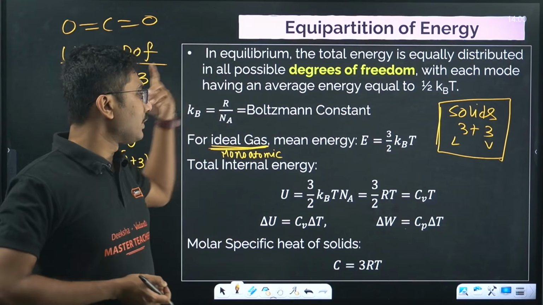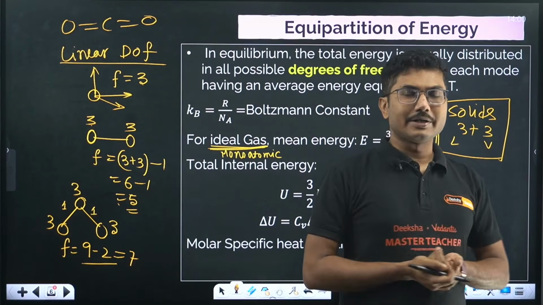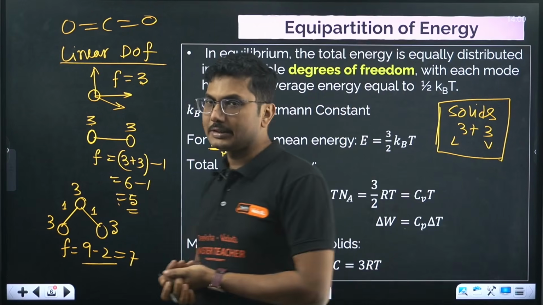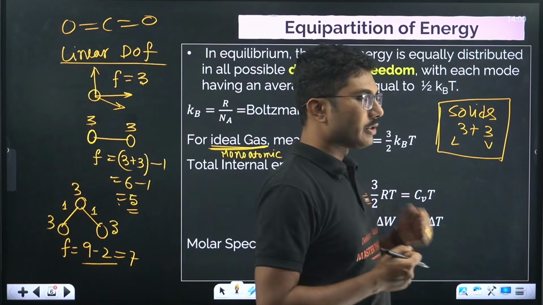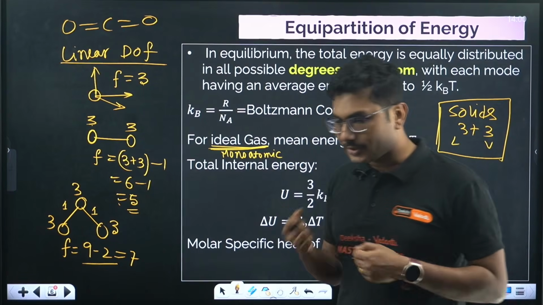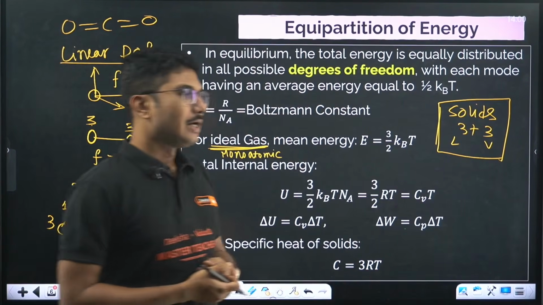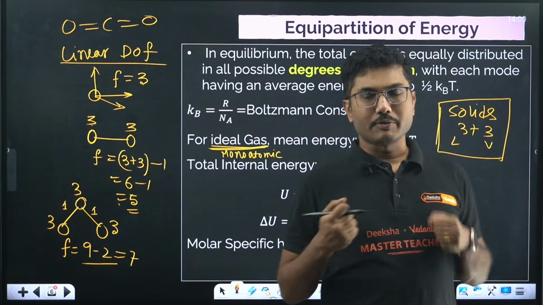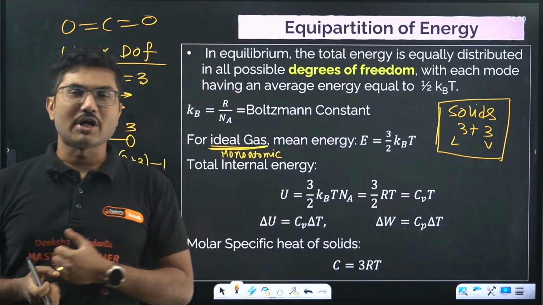Now if you want to calculate the total internal energy, what is the meaning of internal energy for gas? Internal energy for gas is basically its kinetic energy. The gas molecules are moving faster, and that's why its energy is increasing. Whenever you supply energy to a gas, the molecules start to move faster, and that's why it consumes some part of the energy.